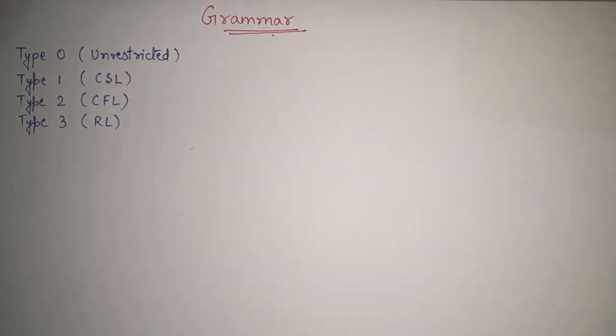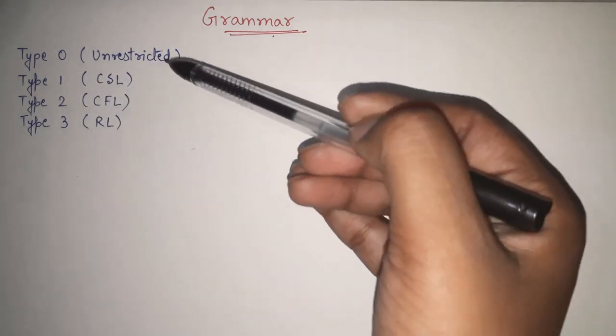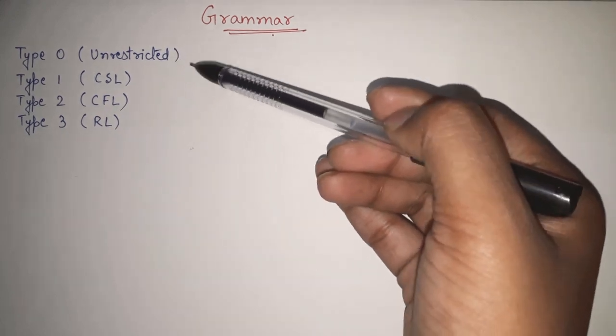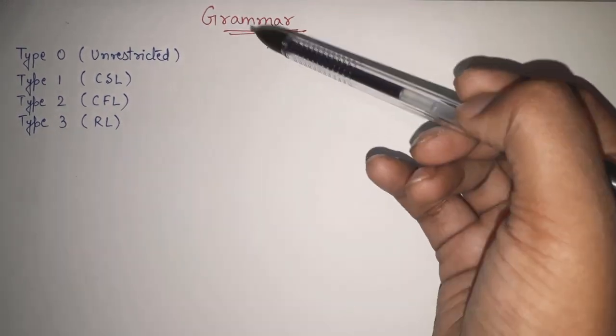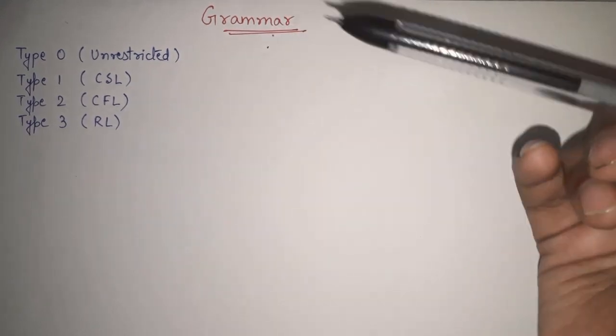Now talking about the types of grammar, basically we have 4 types of grammar: type 0, type 1, type 2 and type 3. Fine. Type 0 is also known as unrestricted grammar, or recursively enumerable grammar.